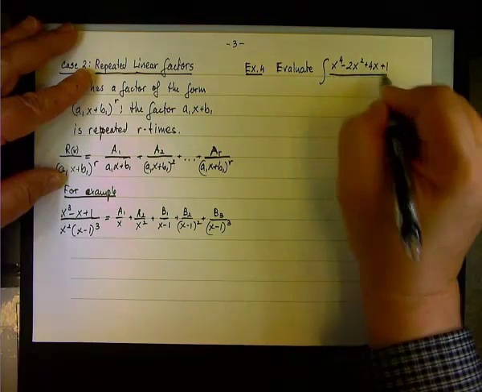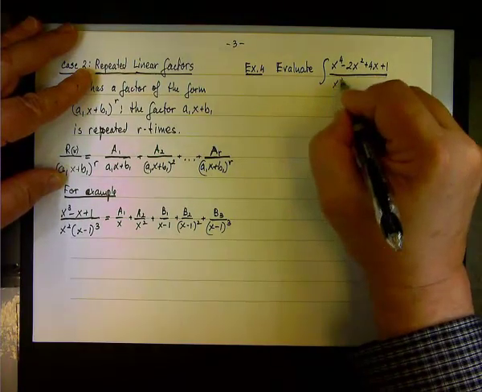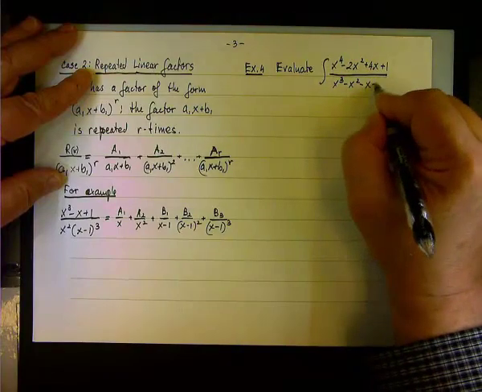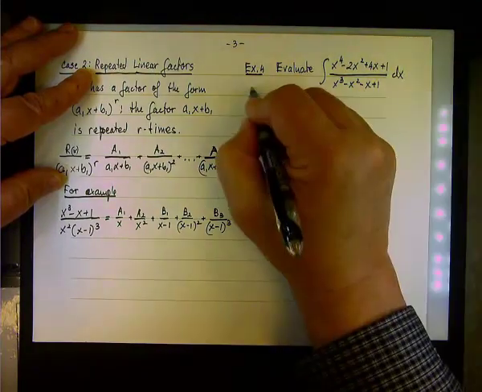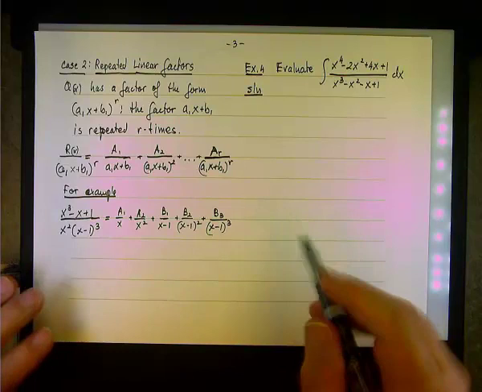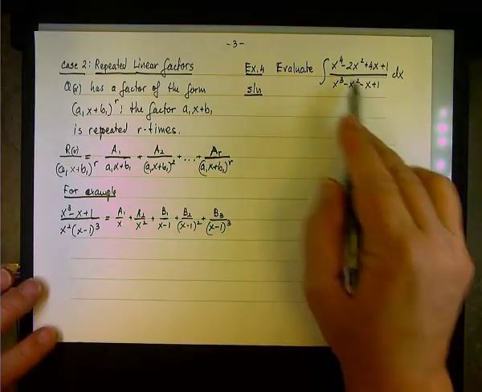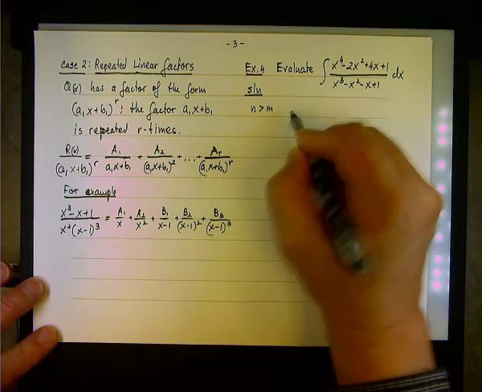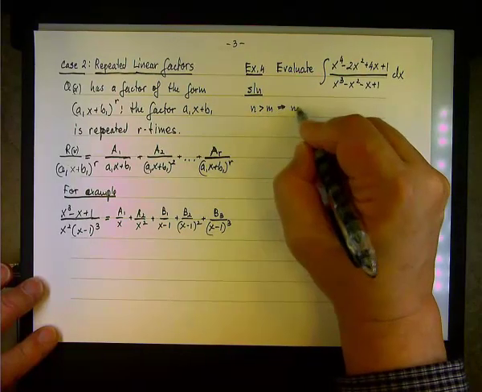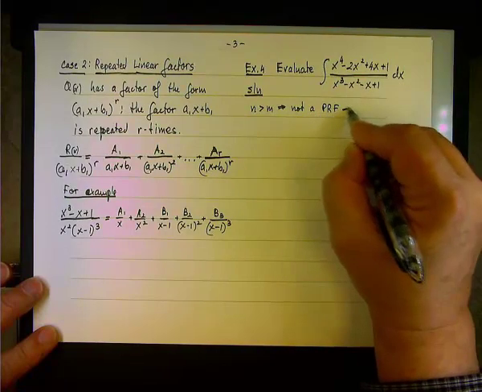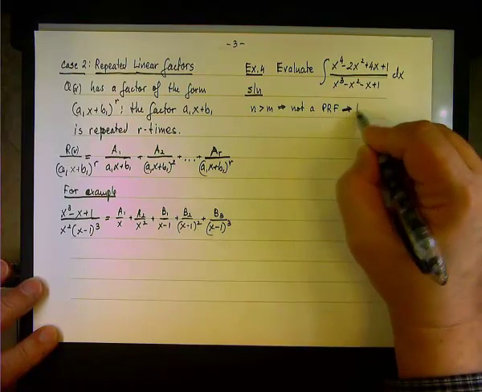The denominator is x cubed minus x squared minus x plus 1, dx. If you observe, the degree of the numerator is greater than the degree of the denominator. So this is not a proper rational function, and we need to apply long division.